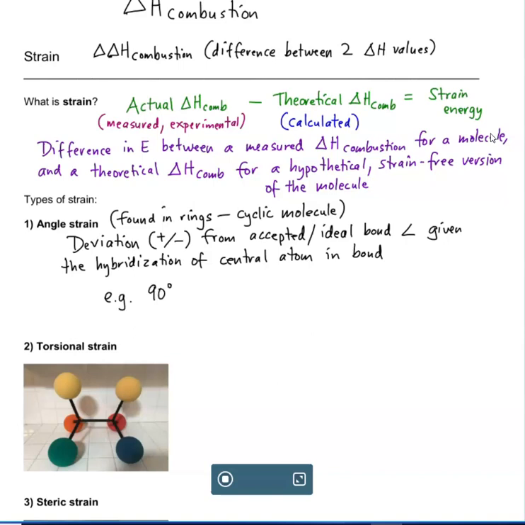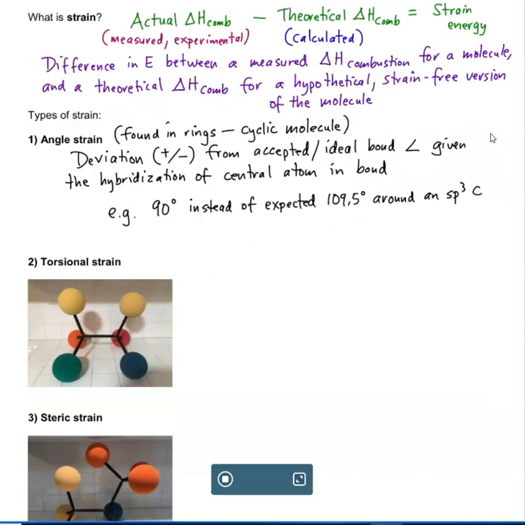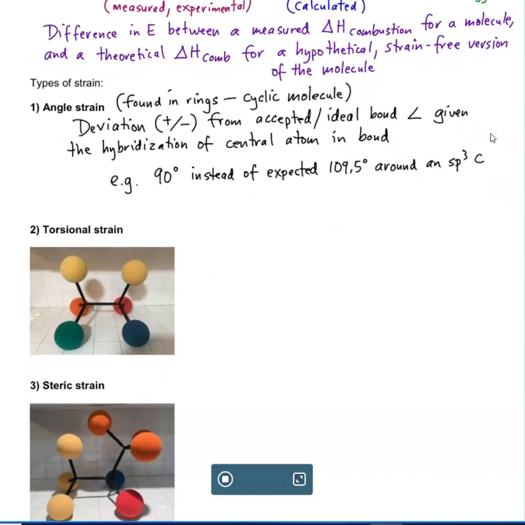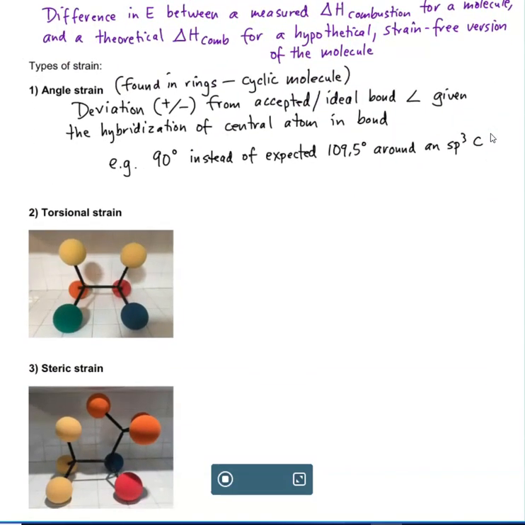So an example would be a 90-degree bond angle instead of the expected 109.5 degree bond angle around an sp3 carbon. So we'll be seeing that once we get into rings in the second half of the packet.